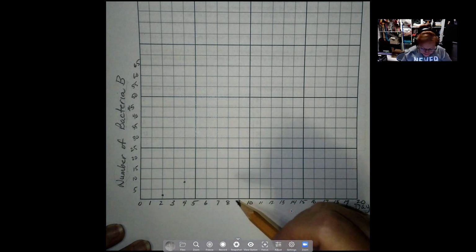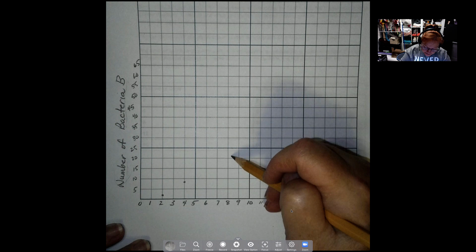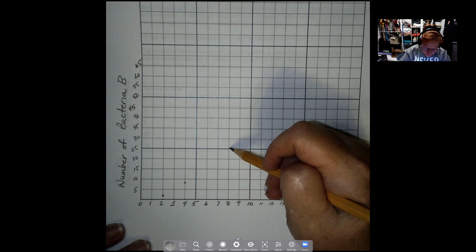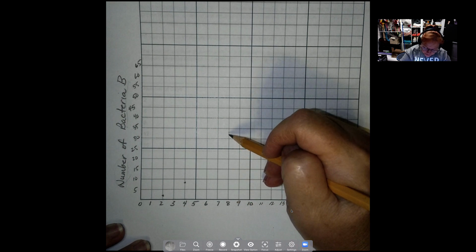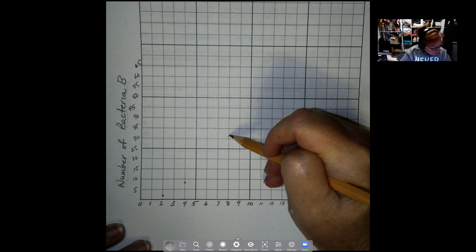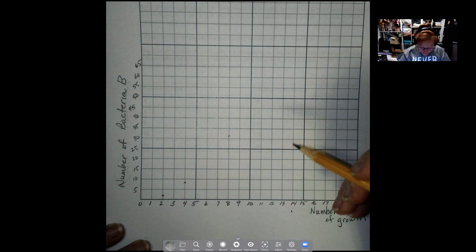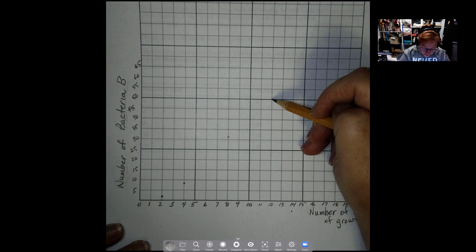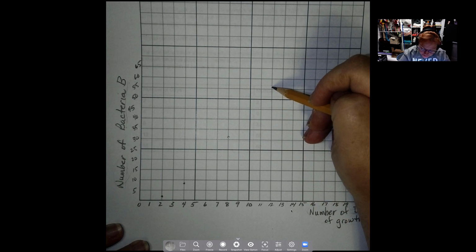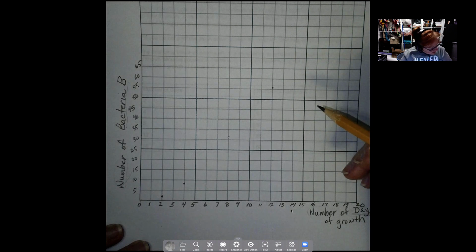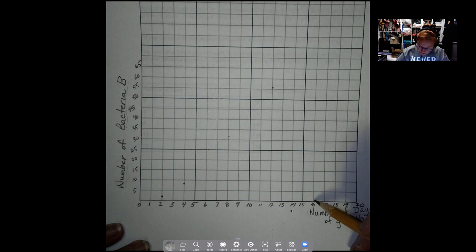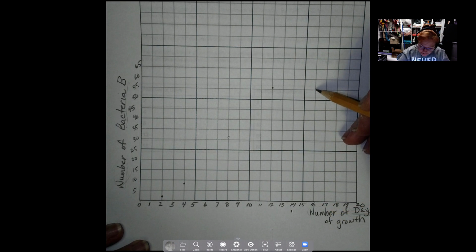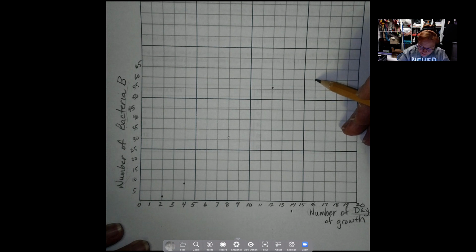At 8 days, there were 32 colonies. 8, there's 25, 30, 32. At 12 days, there were 56, 55, 56. And then at 16 days, there were 60. It's 55, 60.